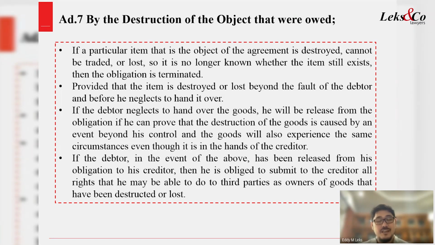So if he can claim ya, if he can claim it to the third party ya. If maybe he buys it from the third party, from the other seller, and then he has the right to claim when it is gone and everything. So this right to claim should be transferred to the creditor that has to receive that good.